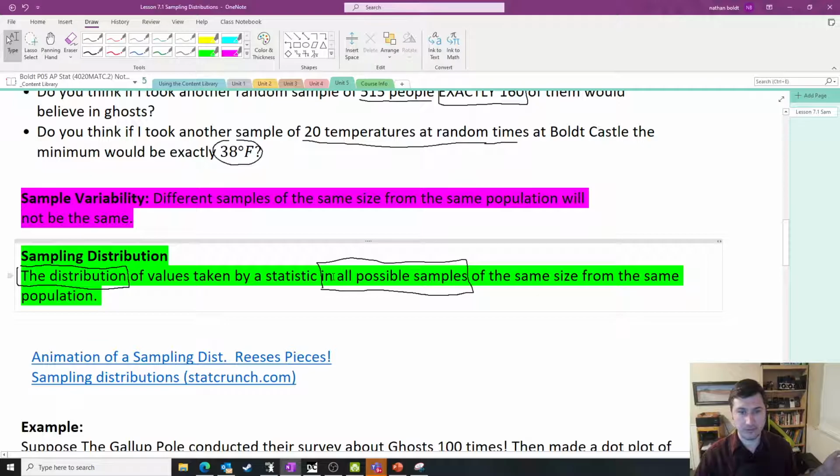So if she'd only gotten one red chip, that would then be evidence that Mrs. Bolt is lying, because one red chip never happened in our sampling distribution. Nothing went that low. One out of 20 is 5%, and that never happened. That's too low.